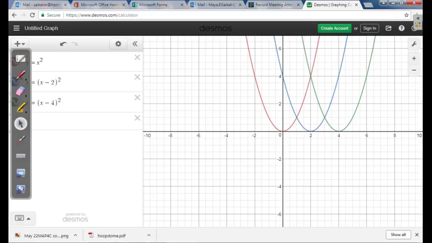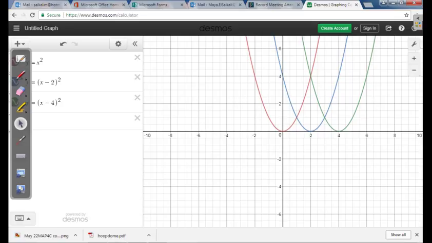The axis of symmetry, right? So the x value is the axis of symmetry. So that h, that value inside the bracket, is going to affect your vertex, and in turn, it's going to affect your axis of symmetry.